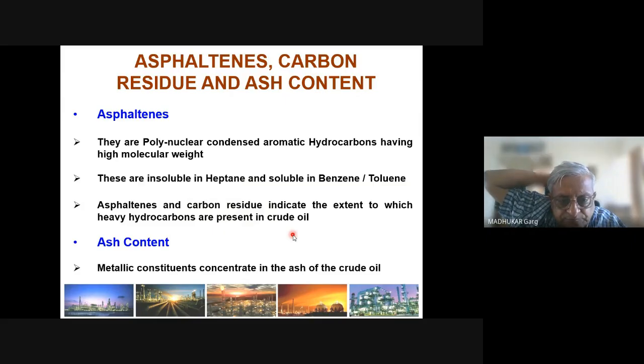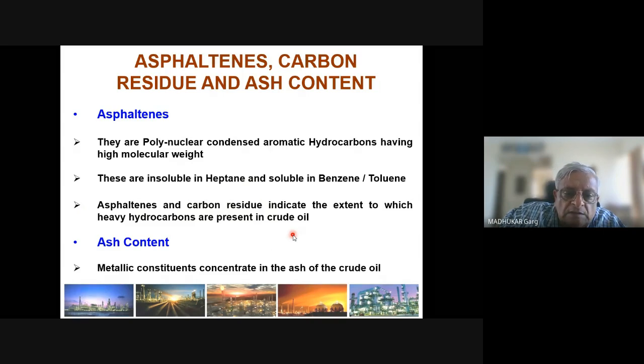in the crude oil. The ash content, of course, generally crude oils are very, very low in ash, unlike coal. So coal, when you burn, it could be even 20, 25. Indian coals can go even up to 35% ash. But crude oil, by definition, has very low ash.